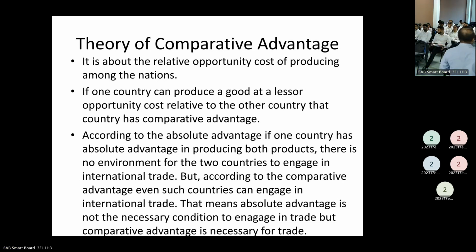There should be a comparative advantage in order to make the transactions or the trade between the nations. That is an important concept. The absolute advantage is not a necessary condition, but comparative advantage is the necessary factor for trade between the nations. And they have the gain from trade by engaging in international trade.